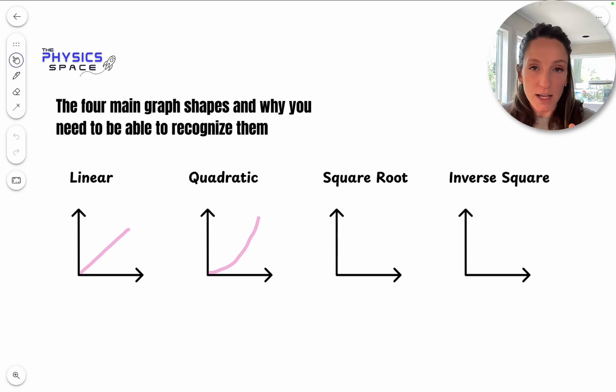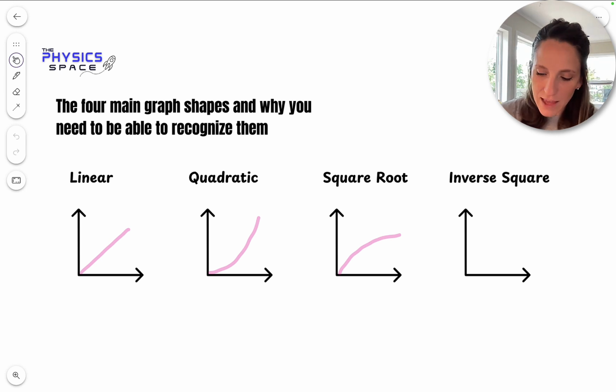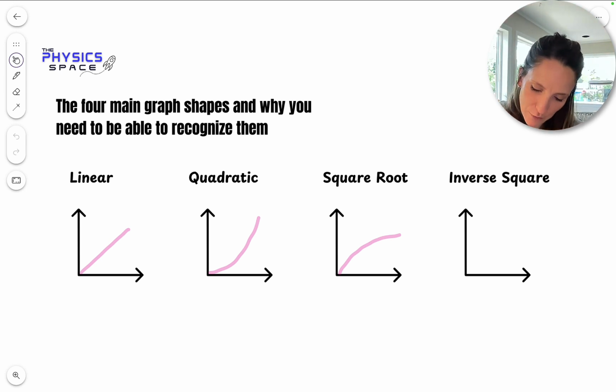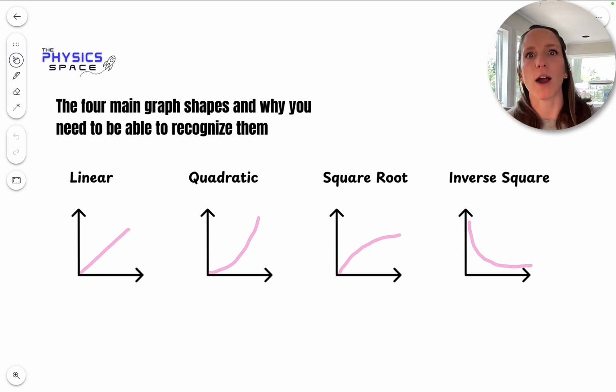The third one is the graph of square root of x, a square root graph. So that one's going to look like this. And then an inverse square graph is going to look a little bit more like this. And we'll go through some examples of where exactly these graph shapes would show up based on some of the equations that we have in AP Physics 1.